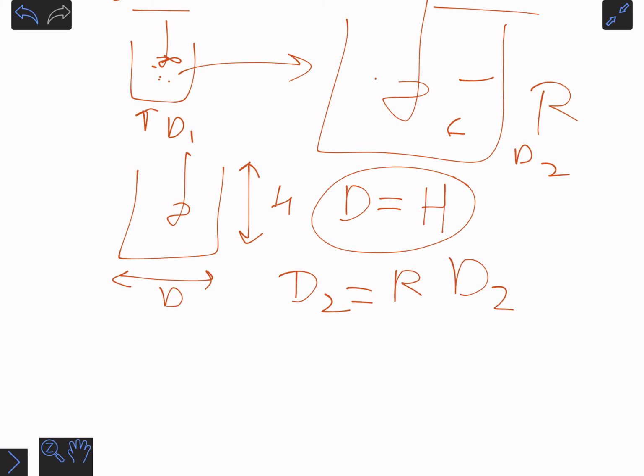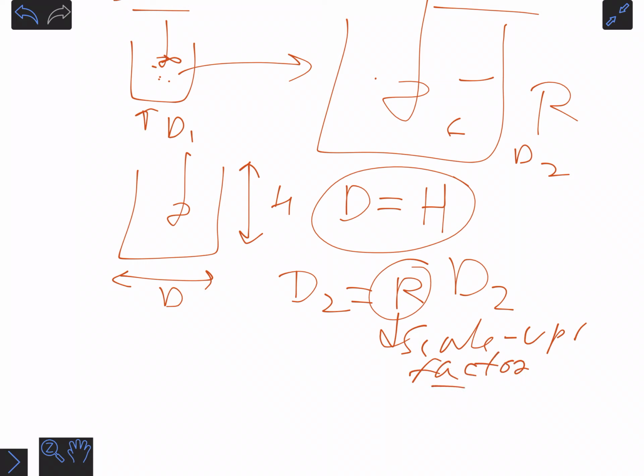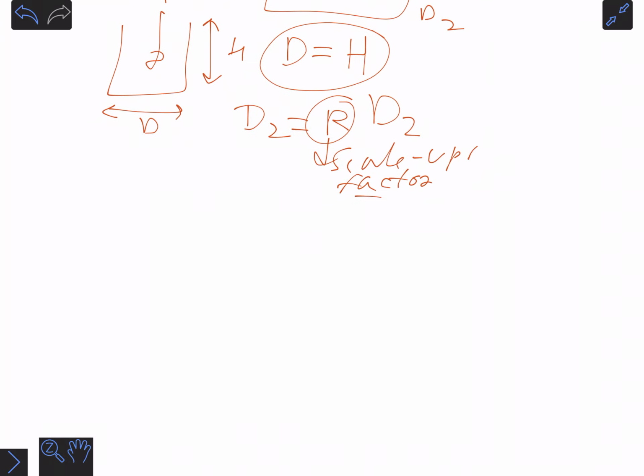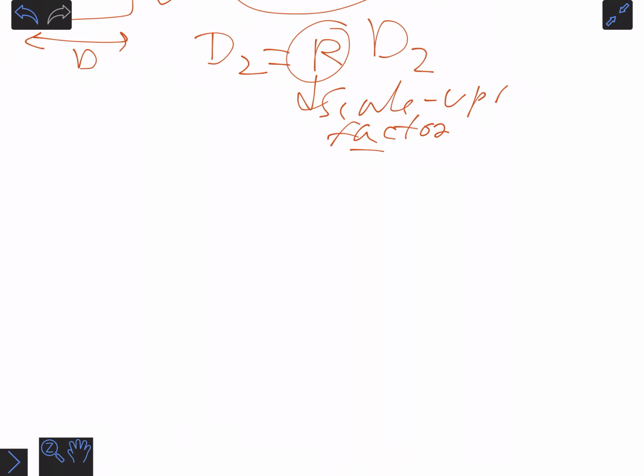So basically our main aim will be to find this scale up factor, this r. This can be called the scale up factor. Okay. Now our main aim will be how to find this r.